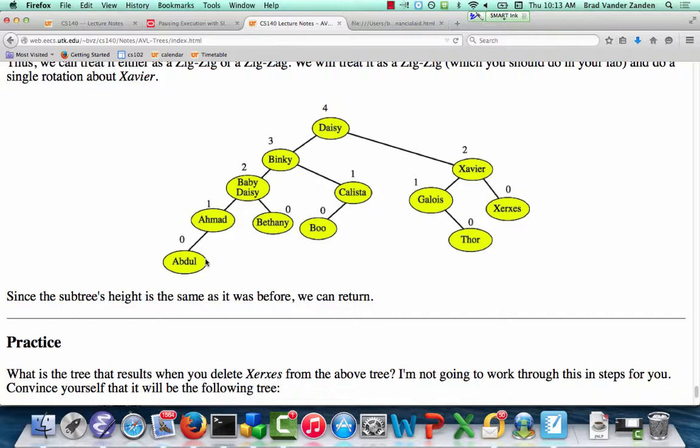So take a moment, try to rebalance this tree after you delete Xerxes from it. I'll start you off on the right track. If you delete Xerxes, the first imbalance is going to be right here at Xavier. See if you can figure out why, do that rebalancing, and then see if you can figure out why that's not sufficient to rebalance the entire tree.